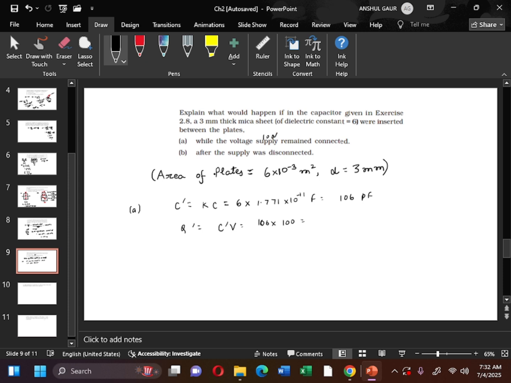So the new charge comes out to be 1.06 into 10 raised to the power minus 8 coulombs. So these are the values of capacitance and the charge respectively in the first part.